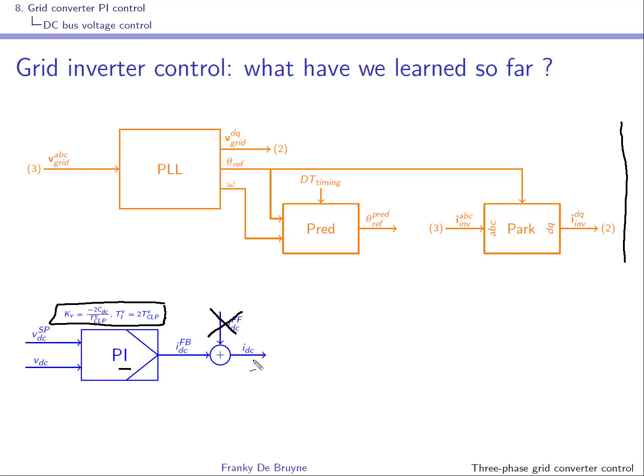This signal over here is a DC current set point, but we're going to work with an inverter, and the current loop is going to be an AC current loop. So we have to find out how we can transform this DC set point into AC current set points.